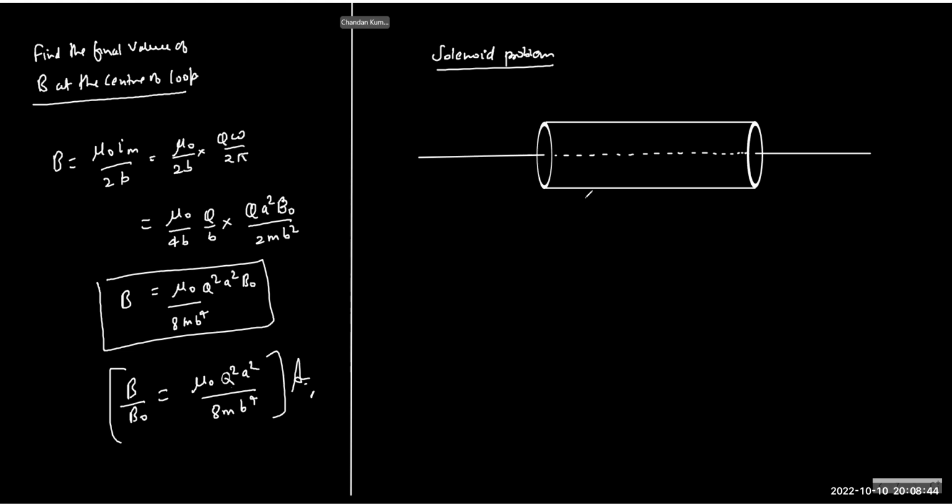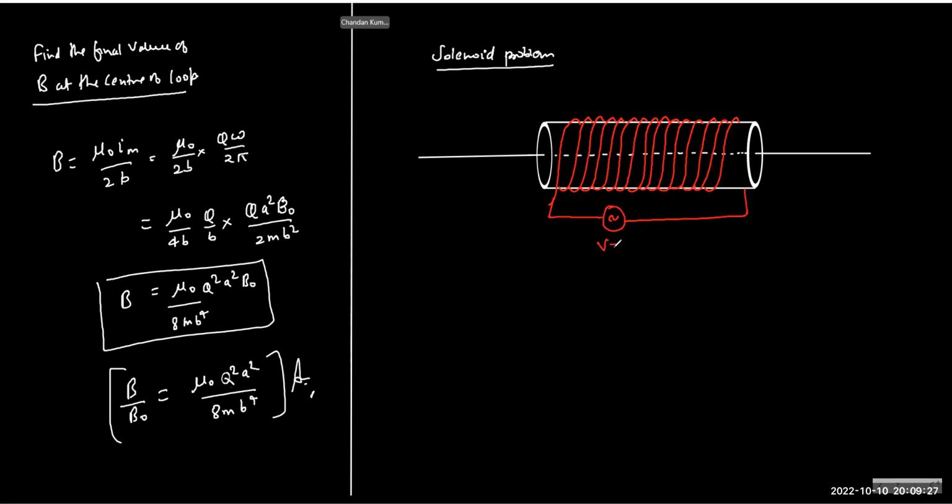Imagine if I connect a solenoid with a source, and the source voltage varies with the formula V naught sine omega t, or you can say omega naught t if you want to keep it different from omega.